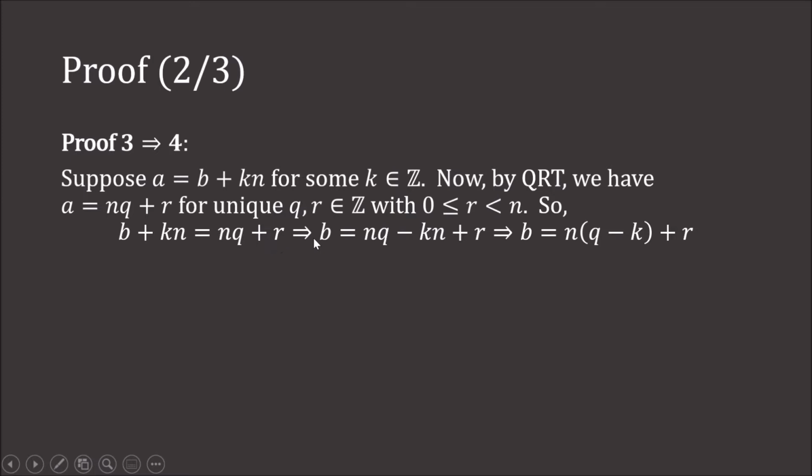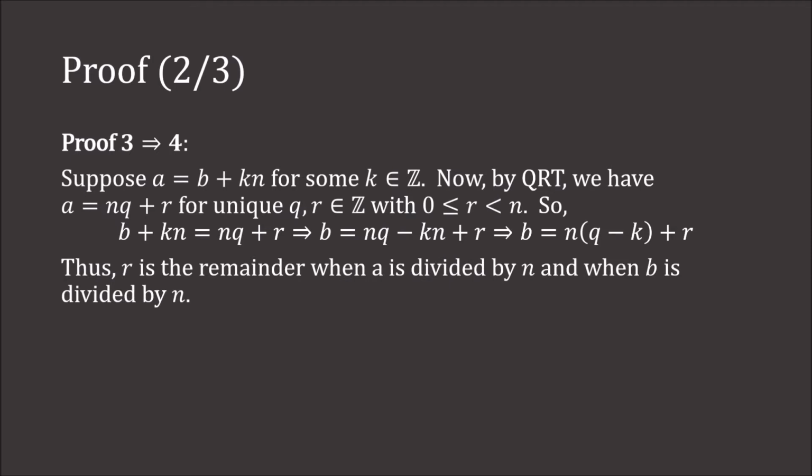Solving for b, we get b is equal to nq minus kn plus r, which means that b is equal to n times q minus k, plus r. So r is the remainder when a is divided by n, and when b is divided by n, since r has to be unique. So they have the same remainder when divided by n, and so that proof is complete.